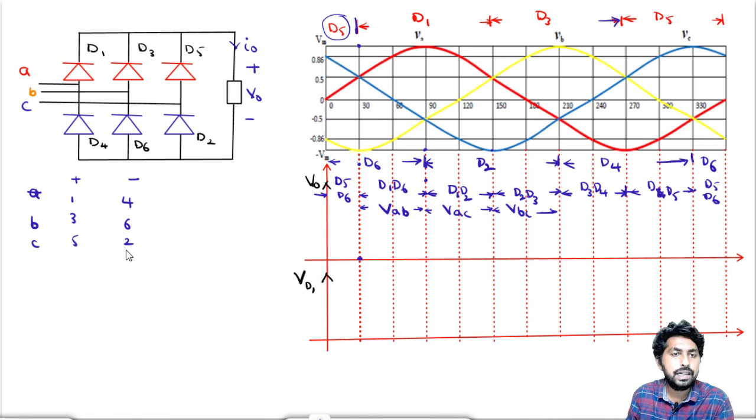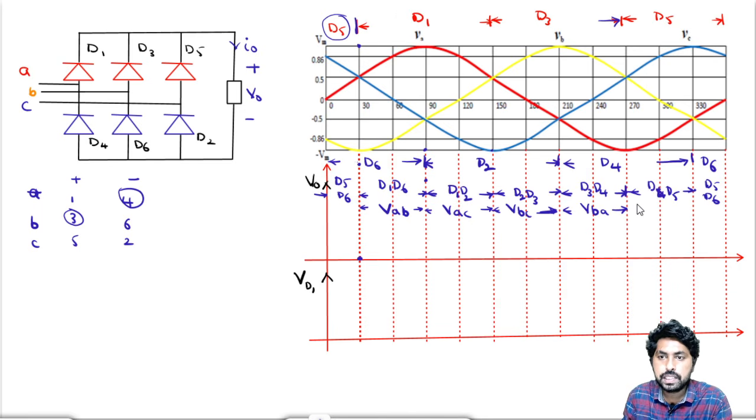Again D3 and D4 gives VBA. The next one is D4 and D5: C is positive and A is negative, so VCA. And here it will be VCB, and here it will be VCB.